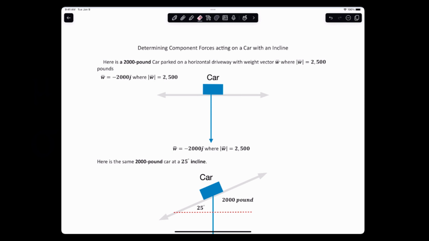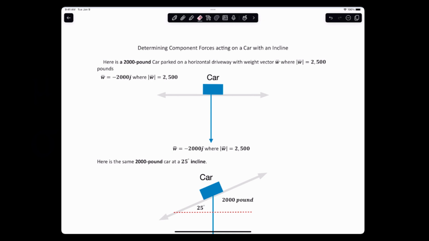Do you guys know what I'm saying? Determine the component forces acting on a car with an incline. So we want to work on this application here, okay? And this is one of the reasons why we actually care about vectors, dot product, is to really work with the applications. And this is kind of what's going on.